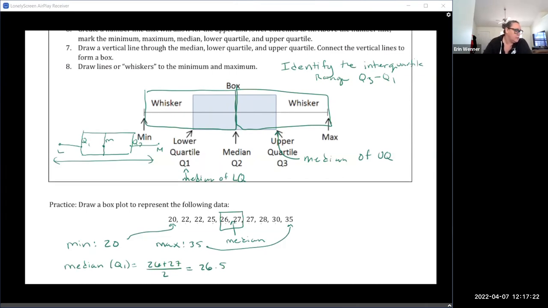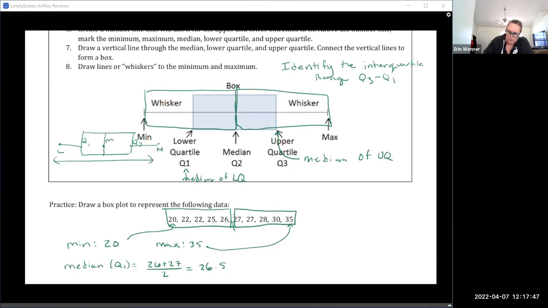Then it says split your data in half, excluding the median. So my median is right here in between. So if I split my data in half, I'm looking at that set of data and that set of data. So we find the median for each of those.